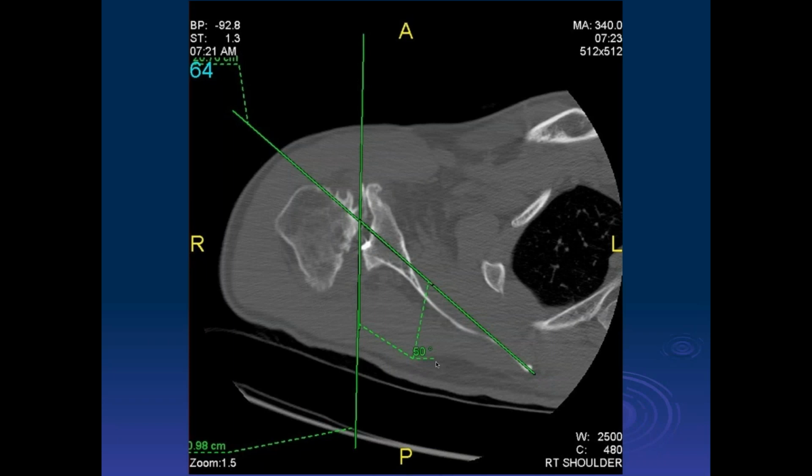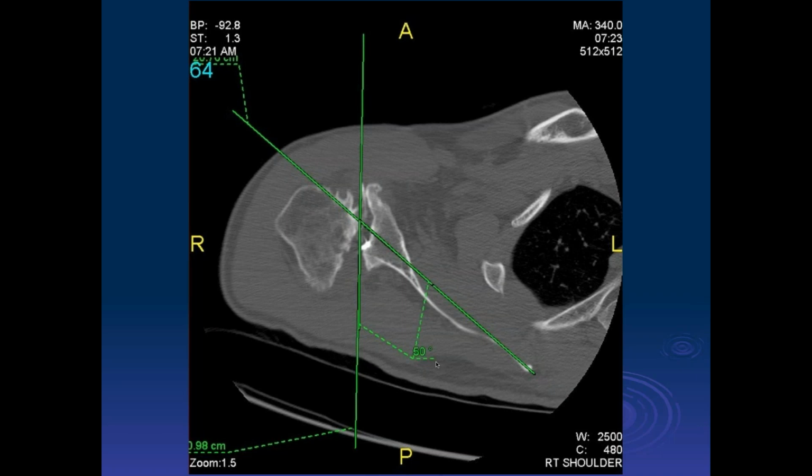John, do you want to make any comments about retroversion? Well, not so much. It's a congenital anomaly, and obviously the function is abnormal for the individual in terms of moving the arm forward.